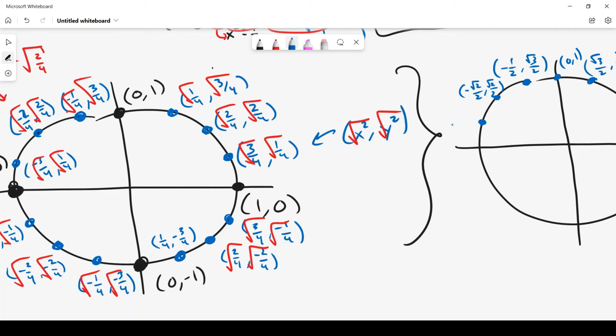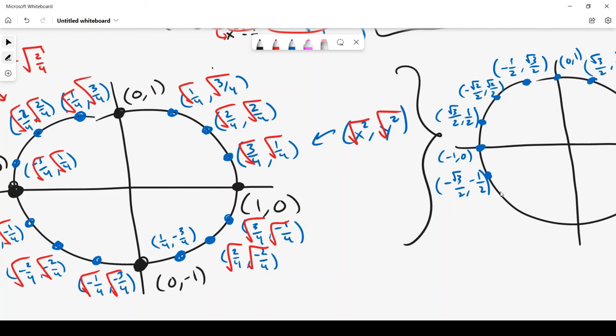Other point here, this is going to be, again with that negative, square root of 3 over 2, 1/2. And then this last point here, negative 1, 0. We're going to keep continuing on here, then now we would have a negative square root of 3 over 2, negative 1/2.